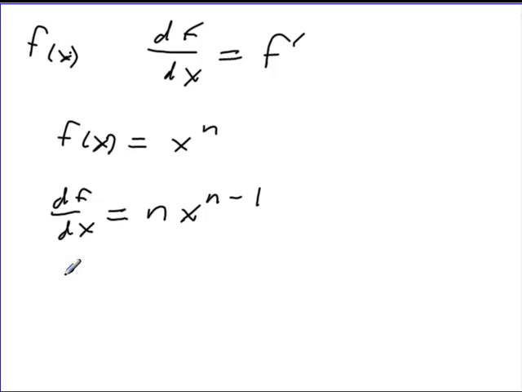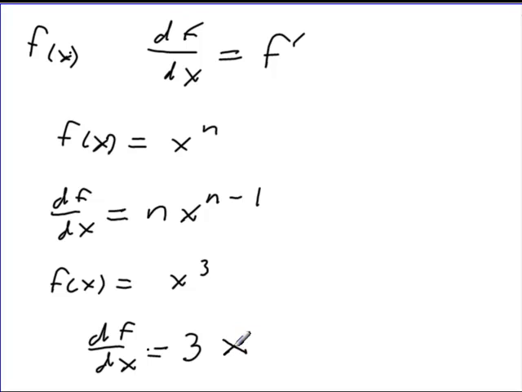Suppose f of x equals x cubed. Well then, df dx will be, we bring the 3 down in front, 3 x to the 3 minus 1, 3 minus 1 is 2, so this is 3x squared. That's how we take a derivative with respect to x.